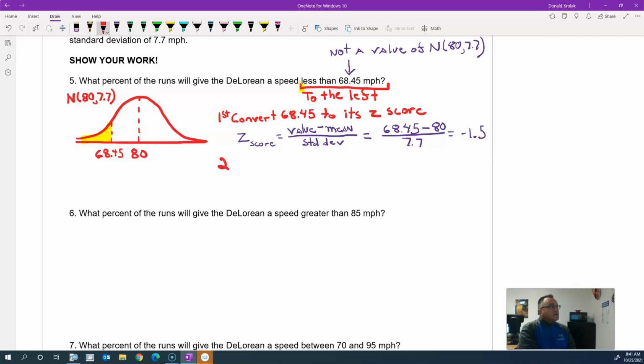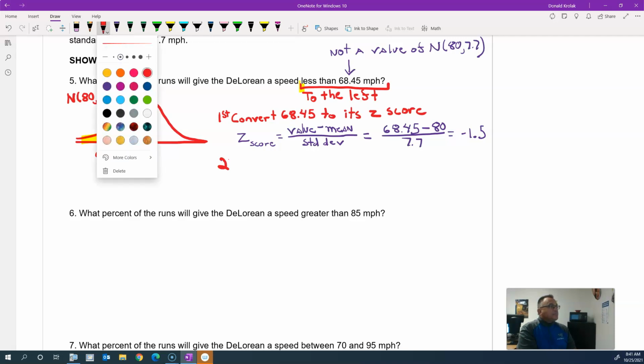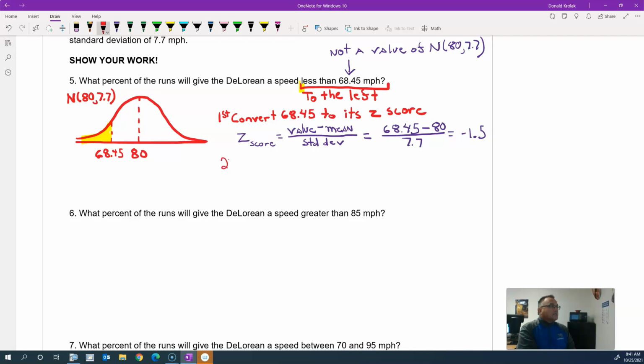Okay, second step, go to your table. So you'll always hear me say table A. Go to table A. That's the table on the back.